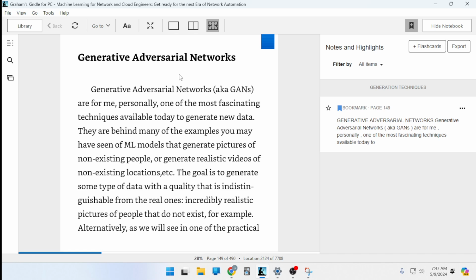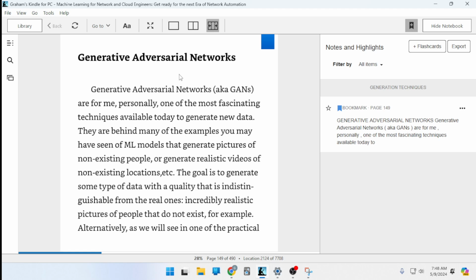Generative adversarial networks, aka GANs, are for me personally one of the most fascinating techniques available today to generate new data. They are behind many of the examples you may have seen: ML models that generate pictures of non-existing people, or realistic videos of non-existing locations, etc. The goal is to generate some type of data with a quality that is indistinguishable from the real ones.